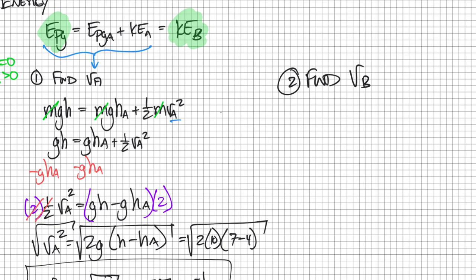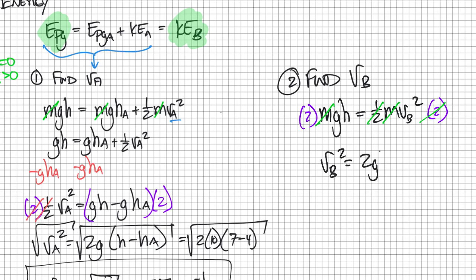So it's going to be m g h equals 1/2 m v B squared. Masses go away. I'm going to multiply each side by 2 as well. My 1/2s go away on this side with my 2. And I'm going to be left with v B squared equals 2 g h.